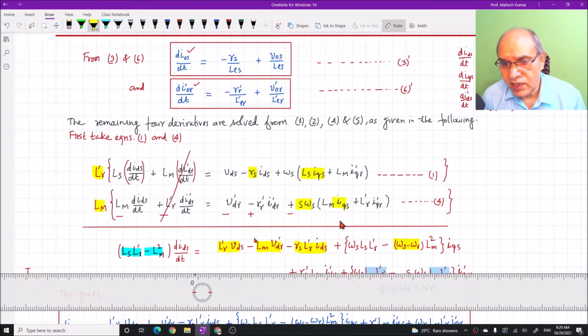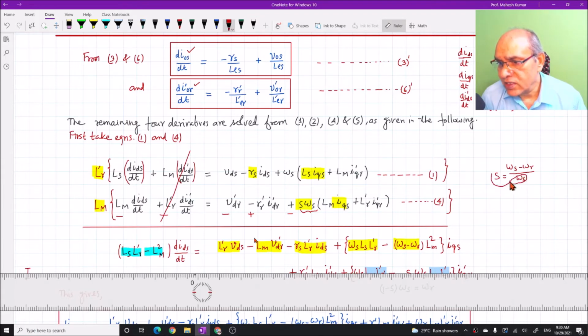This is IQS. If we join them together, it becomes (omega S LS LR' minus (omega S minus omega R) LM²). Note that I have used the term omega S minus omega R. As we know, the expression for slip is (omega S minus omega R) by omega S. So what is S omega S?